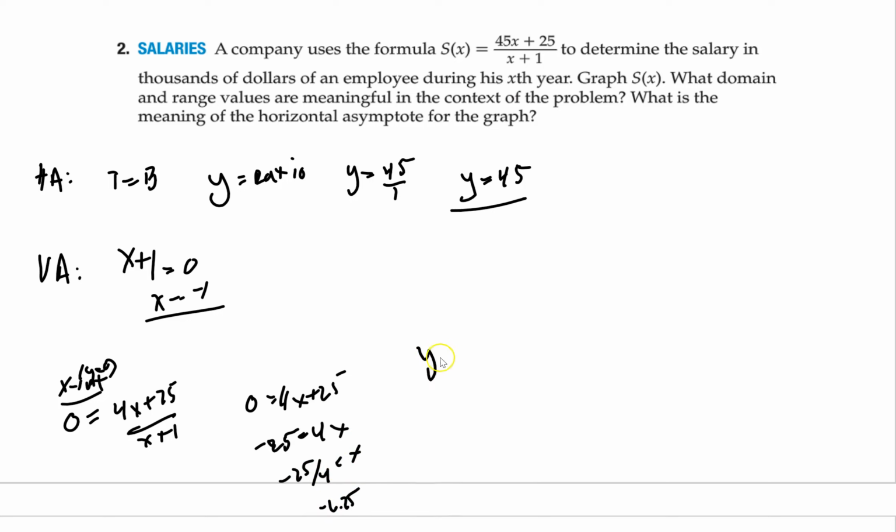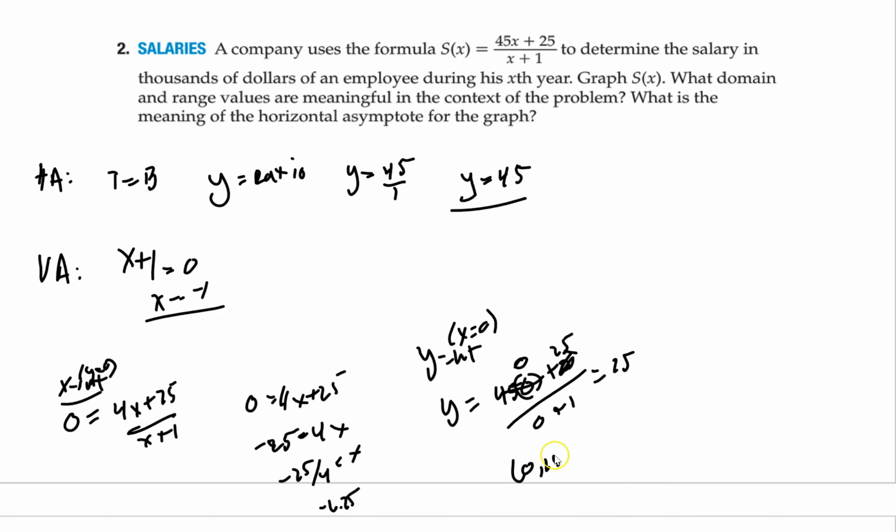The y-intercept, so x equal to 0, a lot simpler. I just plugged in 0, right? And these zeros, that's 0, that's 0. You get 25 over 1, so 25. That's my y-intercept. You want me to graph it?